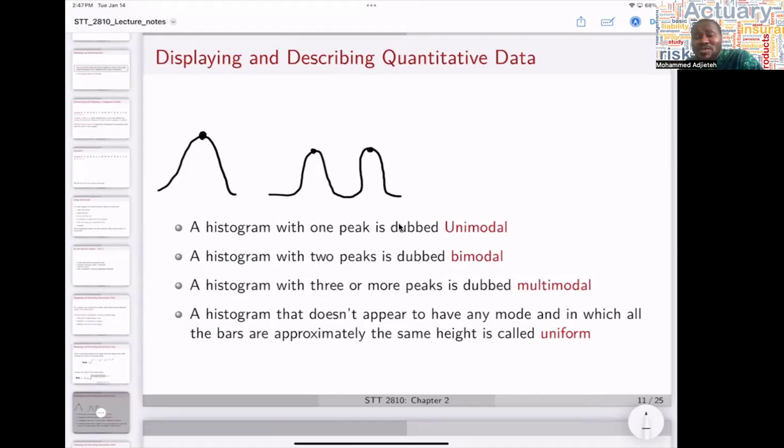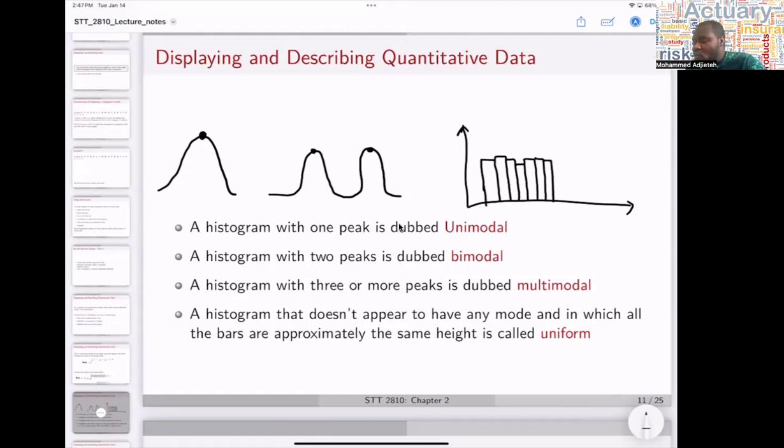And there could also be situations where the graph doesn't appear to have any mode. For example, let's look at this histogram here. If you have histograms that look like this, you see it doesn't have a bump or a peak.